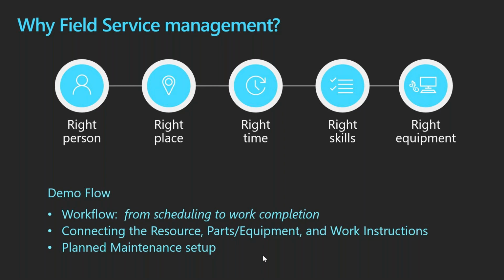We'll take a look at these problems in the course of a flow from scheduling work to work completion by the technician. And then they've used a few terms like incident type and agreements. We're going to take a look at each of those. But incident type is the record that connects the resource with the correct skills and certifications to the job, including all the parts and or equipment and work instructions that they might need, including documents.